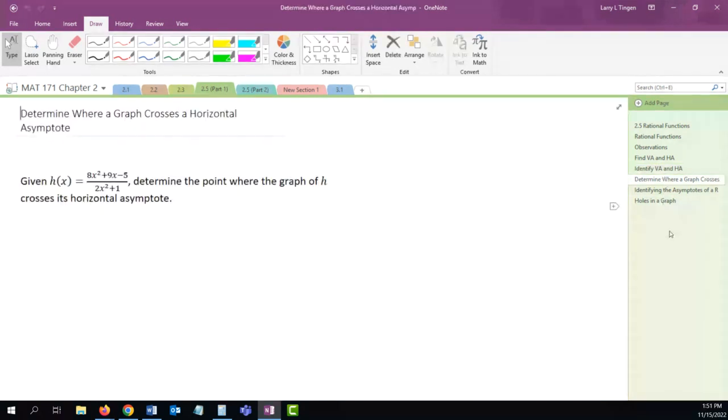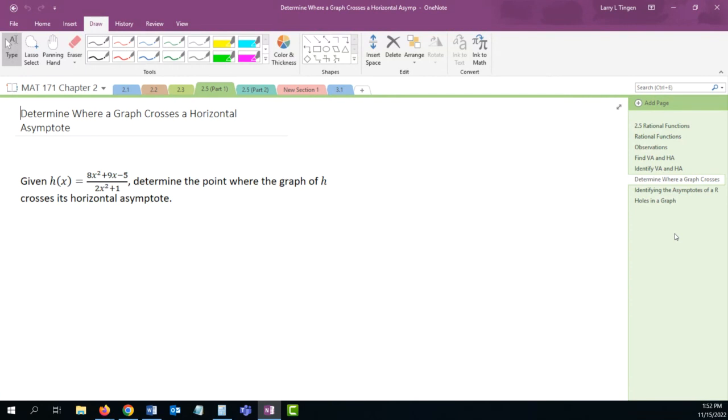All right. Next is determine where a graph crosses a horizontal asymptote. So we said this was allowed before, right? So I've got h of x, and I want to know what is the point where the graph of h of x crosses the horizontal asymptote. Horizontal asymptotes, again, are really just trying to talk about what does my function do as x goes off to positive infinity and negative infinity.